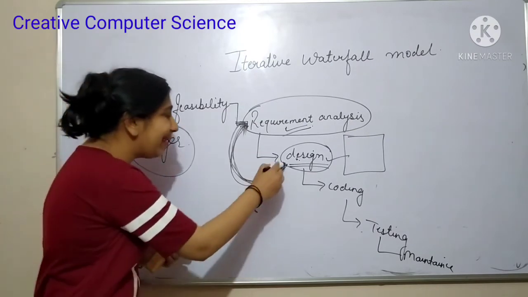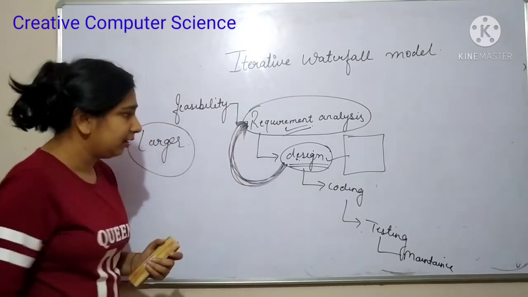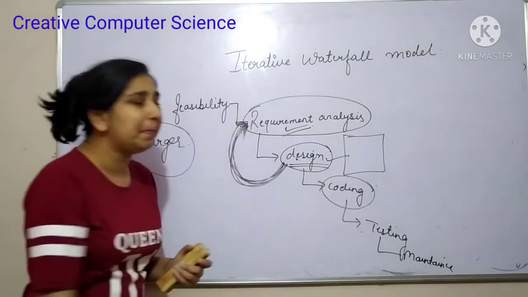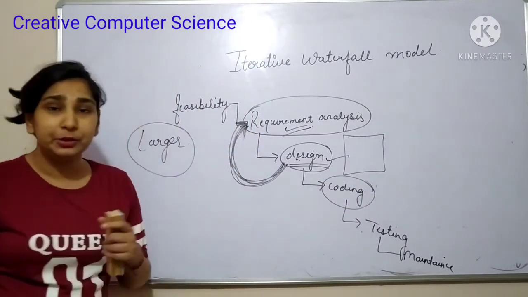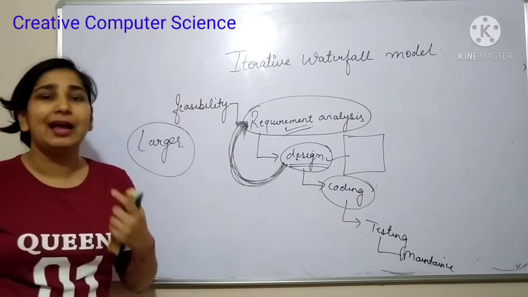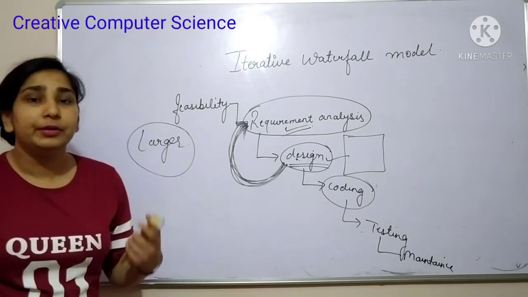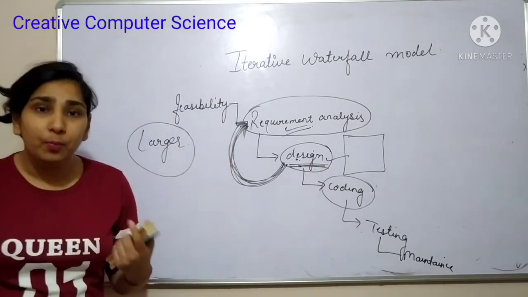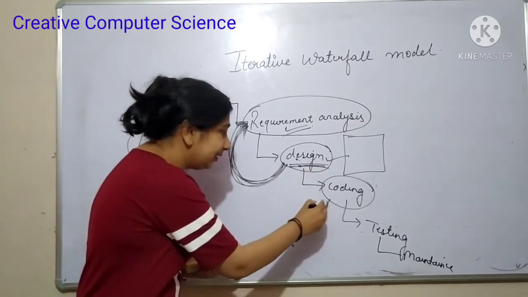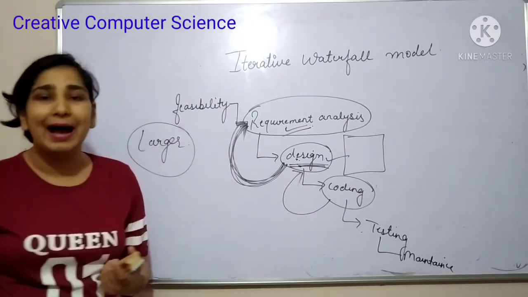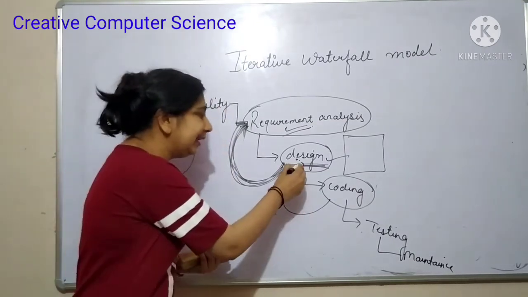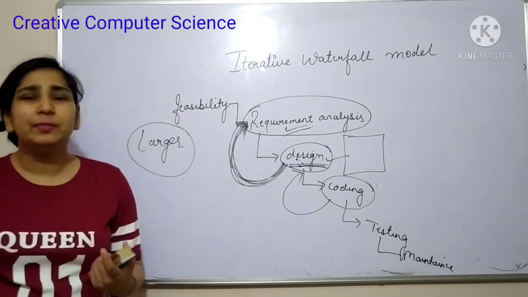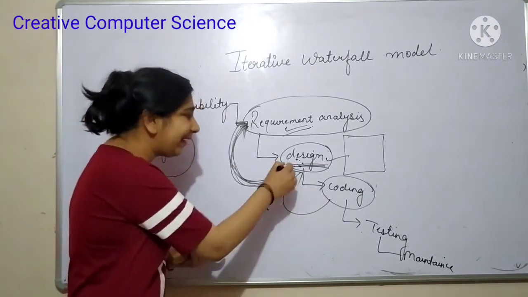In this we can backtrack. If you are working on the coding part and you get to know that you want to add something more in the designing phase, then we can move back to the designing phase. Why is it important that we should backtrack?